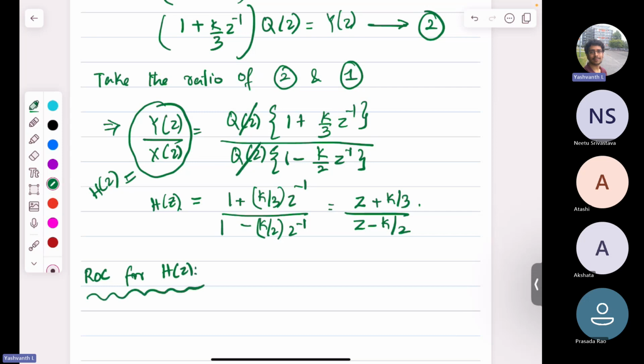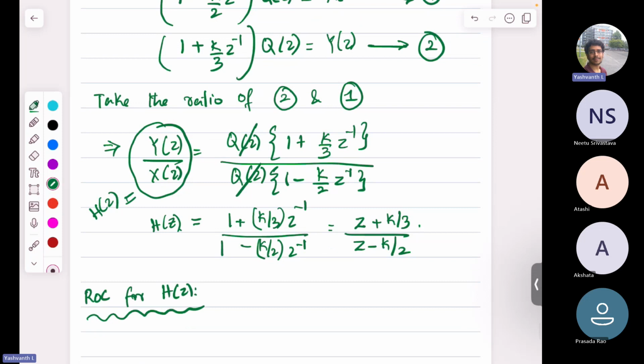Now, if you remember, I stressed on one particular aspect when I wrote down the question. Can anyone now try to guess how will the ROC be? Remember, what is the pole of this equation? What is the pole of h of z? K by 2, right? Because z minus k by 2 should be equal to 0.